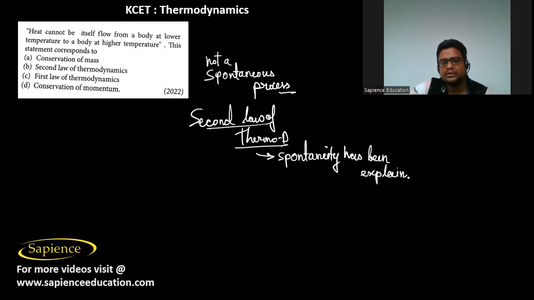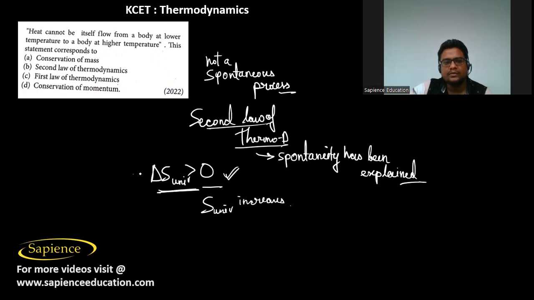Simply, it has been told in the second law of thermodynamics that a process will be spontaneous only if the change in entropy of the universe is greater than zero. It means only those processes will be spontaneous for which the entropy of the universe increases.